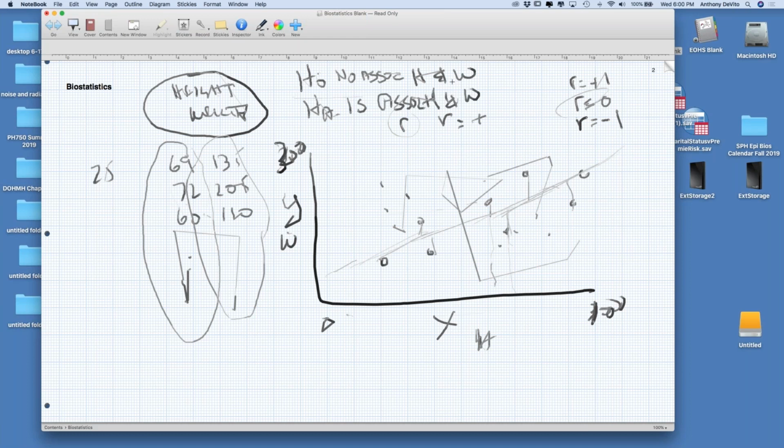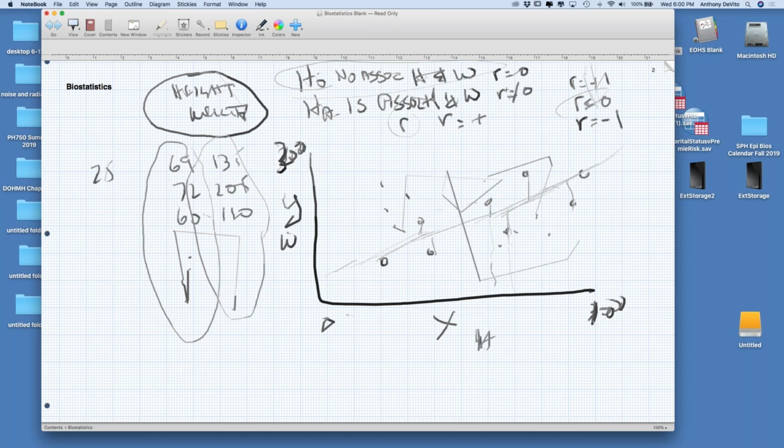So in order to reject our null hypothesis, we have to show a null hypothesis. Another way of saying there's no association is R is equal to 0, rho is equal to 0. Another way of saying that there is an association is that rho is not equal to 0, right? Could be some other number, but just not 0.